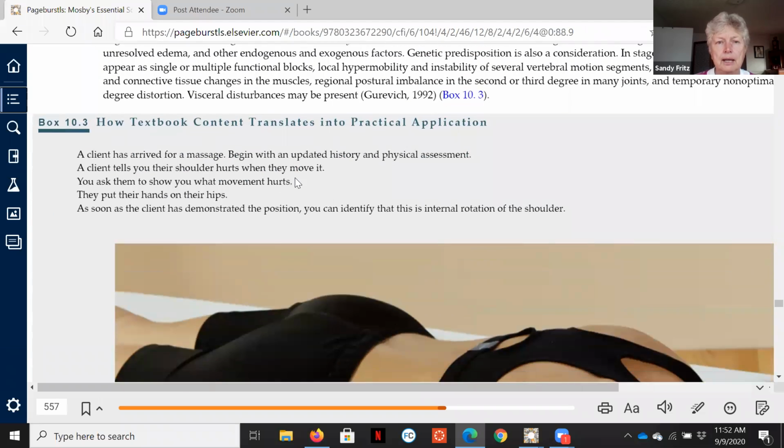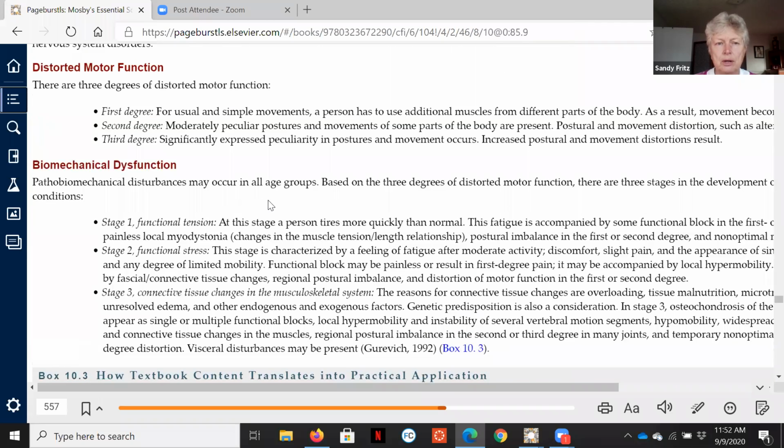And in the idea of where massage can work kind of by itself, without necessarily thinking about referring, it's the first degree or stage 1. We're very successful working in there. And as it approaches second degree, stage 2, people are starting to struggle a little bit.